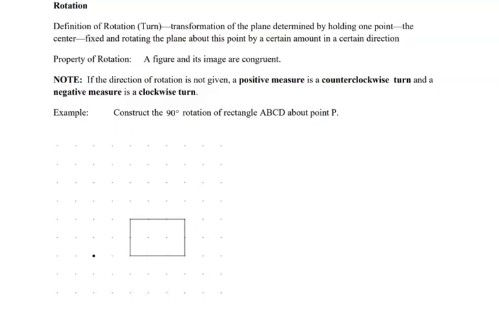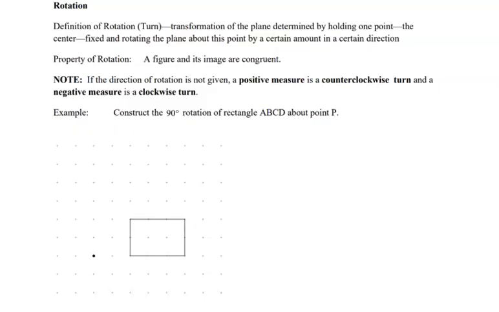Now, what I want you to keep in mind is if this is something that you struggle with, you can always rotate your paper however many degrees the problem tells, and it will show you where that shape should land. We'll talk about how you can use that to help you out. So note, if the direction of the rotation is not given, a positive measure is considered to take you counterclockwise.